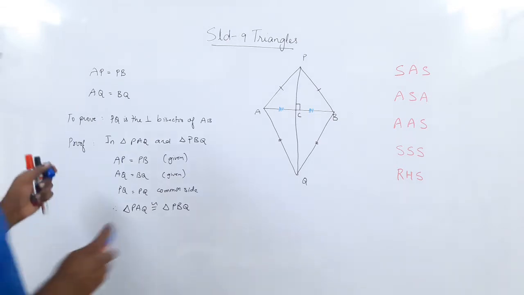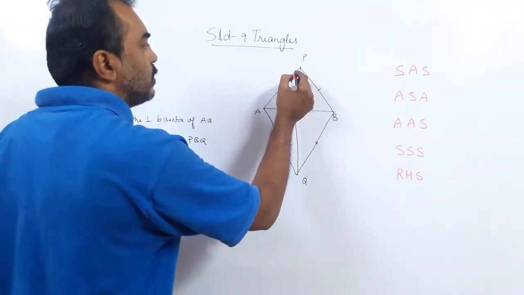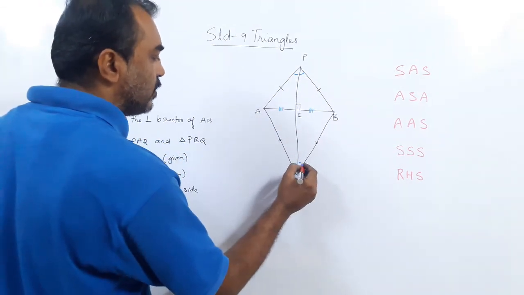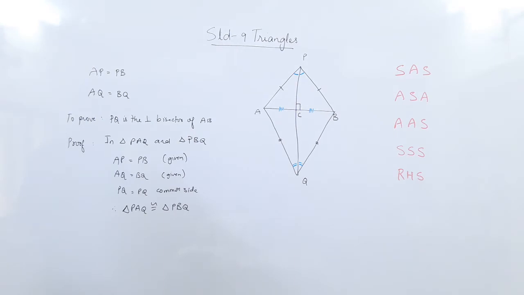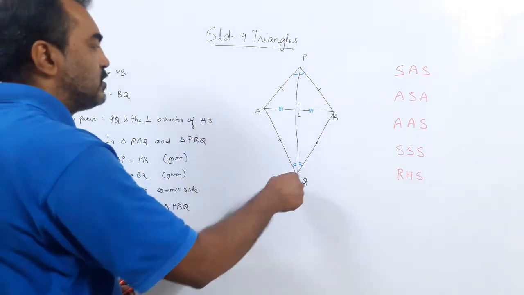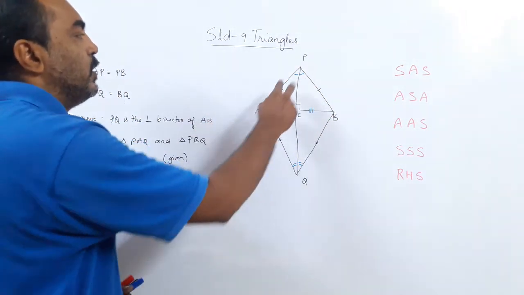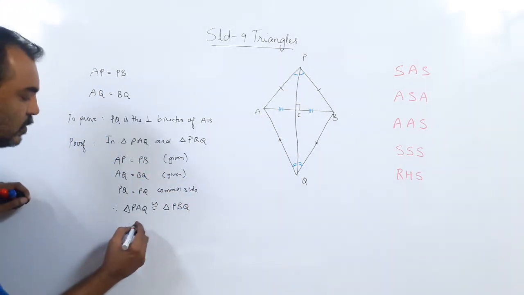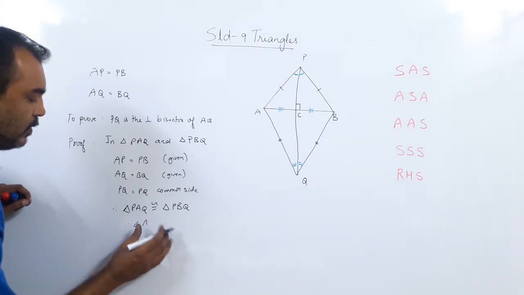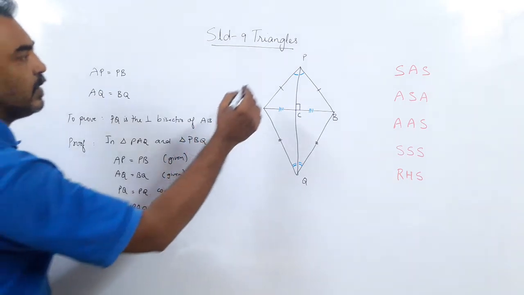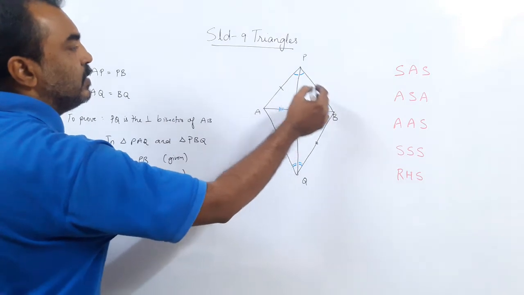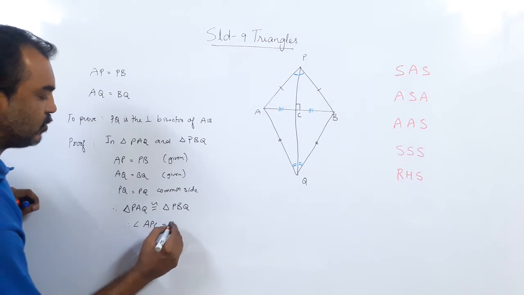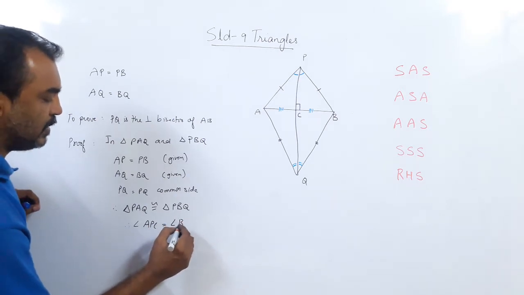But if these two triangles are congruent, then the corresponding angles are equal. So these two angles will be equal and these two angles will be equal. Right? So first I showed this triangle and this triangle both are congruent. So how do we get? We can write here, therefore angle APC is equal to angle BPC.